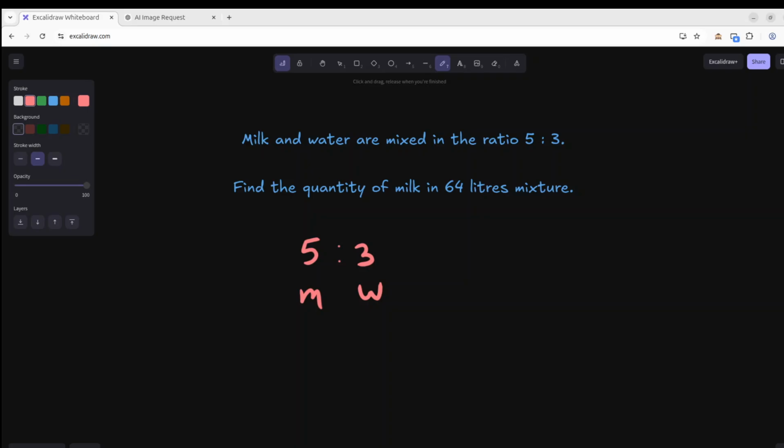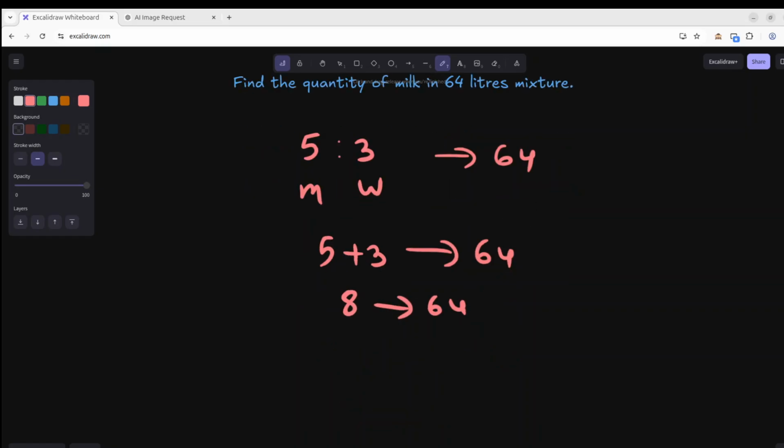So this is the ratio of total mixture. So this corresponds to 64, right? That is 5 plus 3 corresponds to 64. That is 8 equal to 64. 1 equal to 64 by 8 equal to 8.